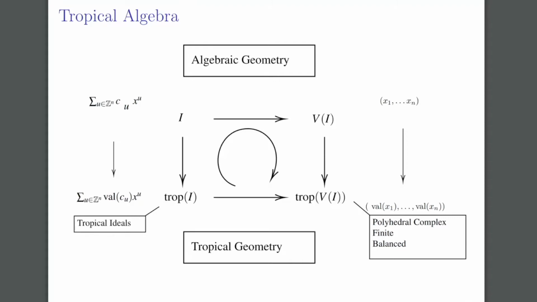Before I tell you what a tropical ideal is informally, I'm going to tell you what about the ideal I gives it this structure. It turns out that the variety of I, when we tropicalize it, becomes a finite balanced polyhedral complex because I is a linear space. So the linearity of I seems to be what gives me this nice combinatorial structure when I tropicalize.